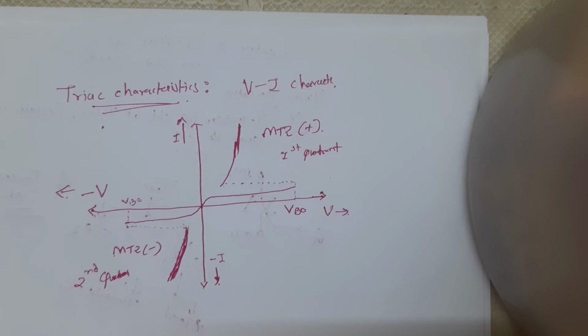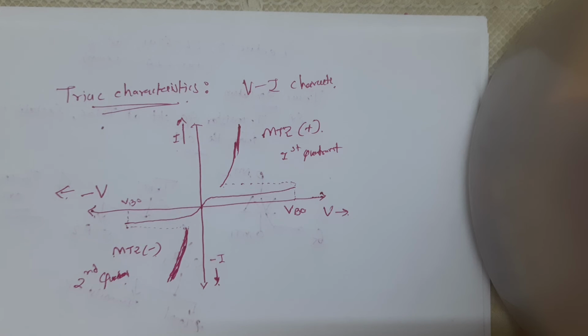Now, what happens here? The triac essentially consists of two SCRs of opposite orientation fabricated in the same crystal. So its operating characteristics in the first and third quadrants are the same, except for the direction of applied voltage and flow of current. The following points may be noted from the triac characteristics.